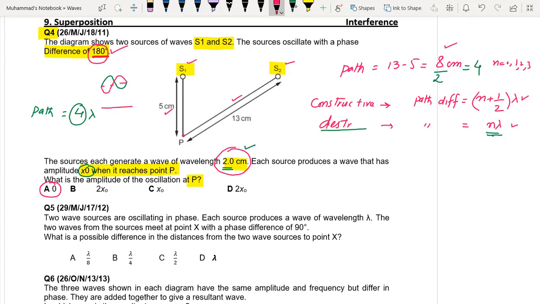So you know the path difference and you know the wavelength. You notice that this path difference is 4 times the wavelength, an integer multiple of lambda. So they must interfere destructively as the sources have a phase difference of 180°. Okay, I hope it is clear.